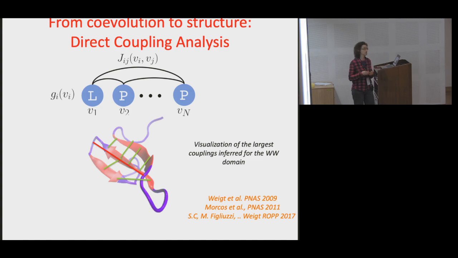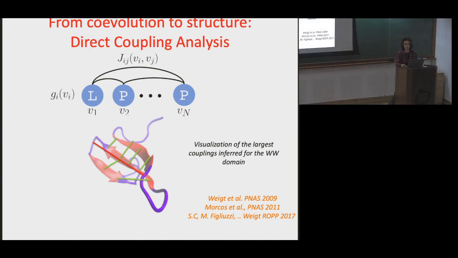The amino acids which are most tightly coupled correspond to amino acids which are in contact in the three-dimensional structure of the protein. And this has been very successful in going towards solving the protein folding problem. So what do the weights look like?